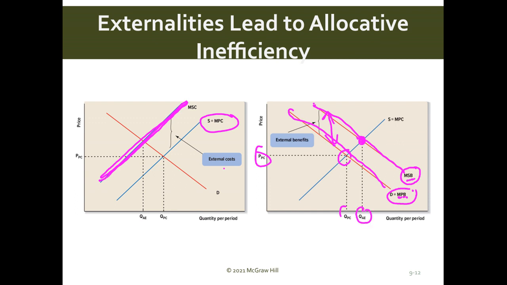So if there are external benefits, private firms, perfectly competitive firms, will produce less than what is required. If there are external costs, then private firms will produce more than what is required. So there's misallocation of resources. They are not allocative efficient because of the external benefits and external costs.